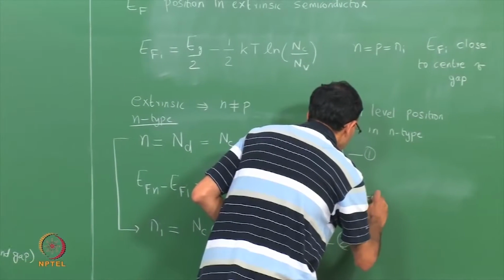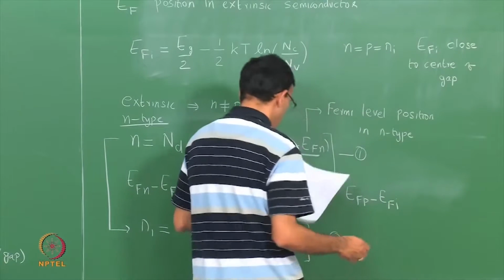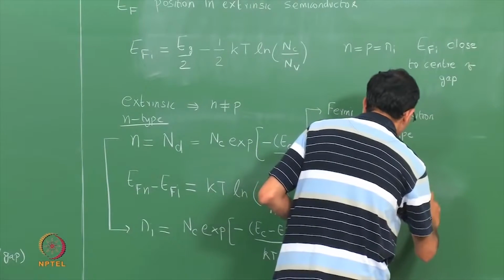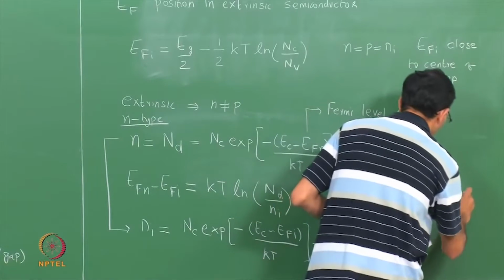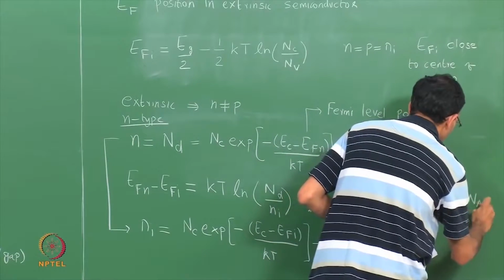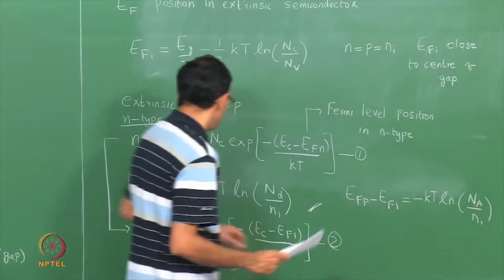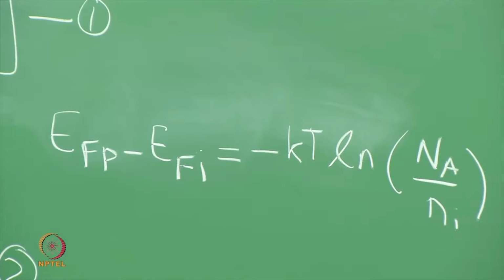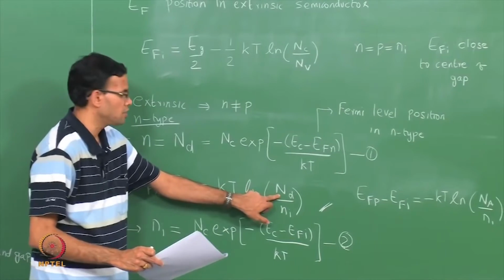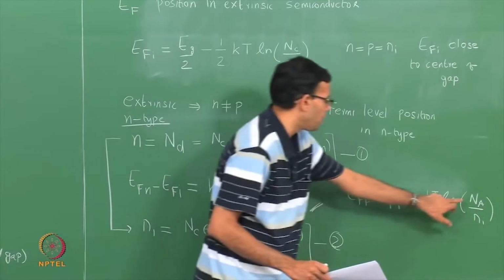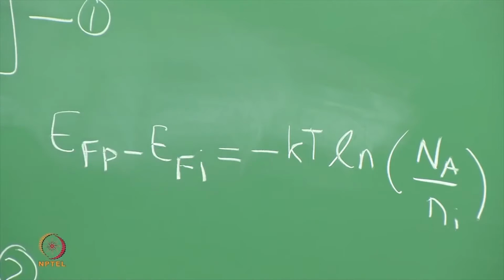So, you have EFP minus EFI, which is minus kT ln of Na over Ni. So, a similar expression to this, except that in an n type we have the concentration of the donors, in p type you have a concentration of acceptors, and there is a negative sign here.